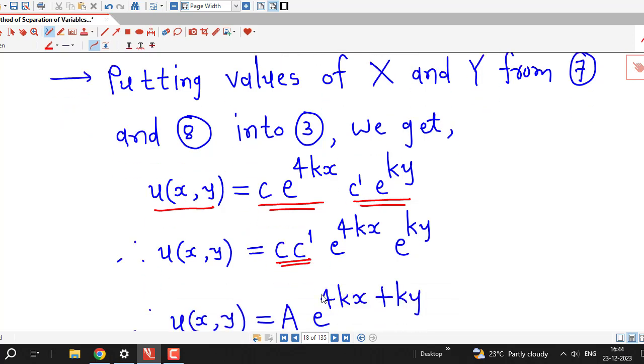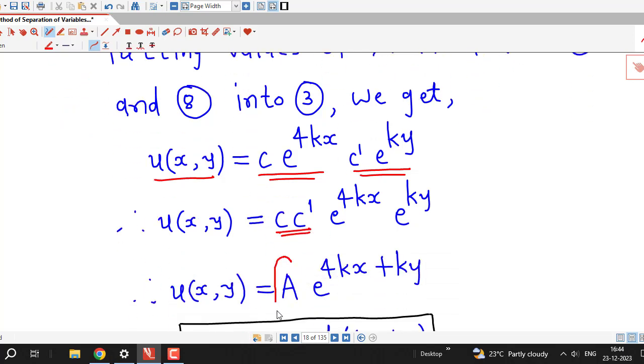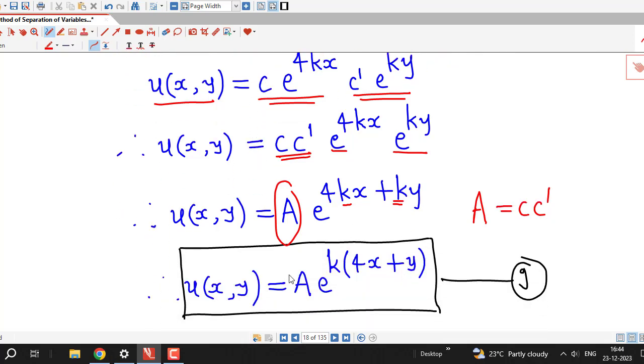We can assume that c into c dash is another arbitrary constant denoted by capital A, and these two combine as e raised to 4kx plus ky. We can take k common, and finally we write our solution as A times e raised to k times (4x plus y), where A is an arbitrary constant.